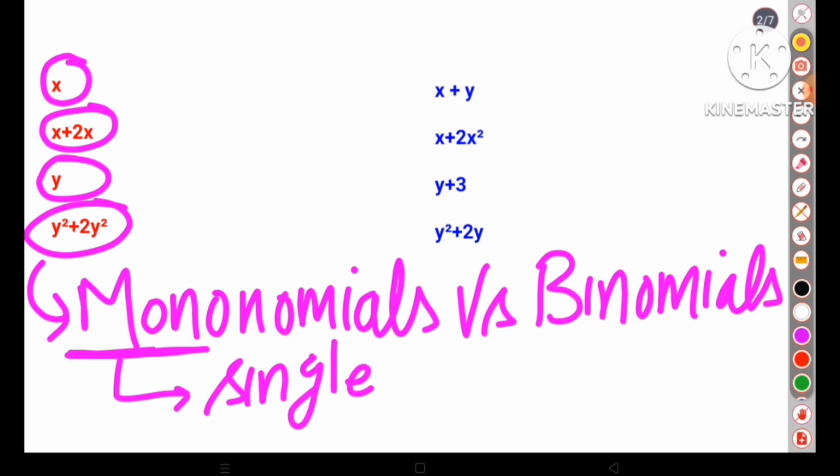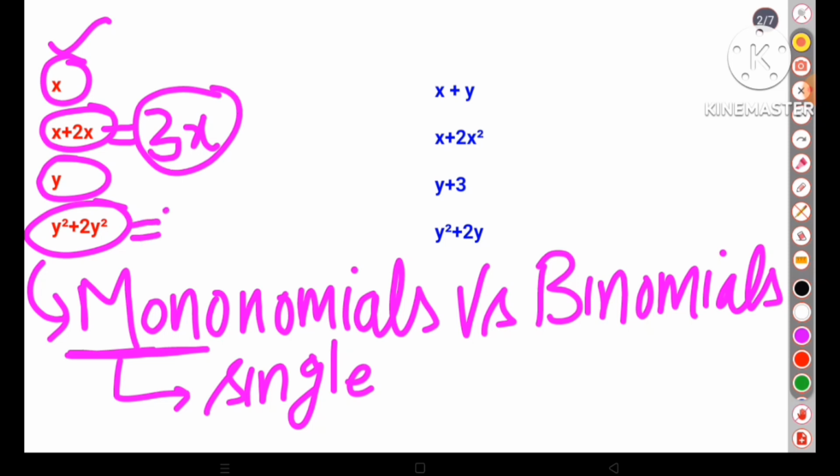So all these expressions have a single term. x and y are single terms and x plus 2x can be written as 3x. It is also a single term, hence monomial, and this is also equal to 3y square, hence a single term and a monomial also.